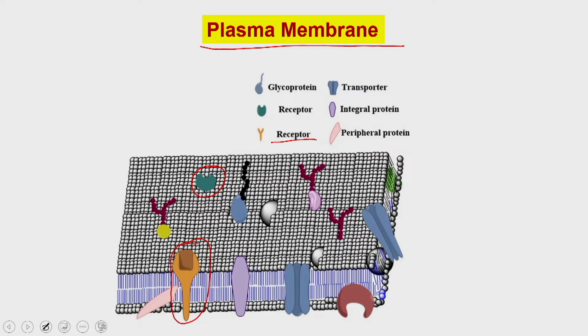This receptor could be for food particles, or for capturing signals, and it has many integral proteins as well as peripheral proteins. A protein which goes all the way through the plasma membrane, covering both layers of the lipid bilayer, is called an integral protein, whereas a protein present either on the inner side or the upper side is called a peripheral protein.